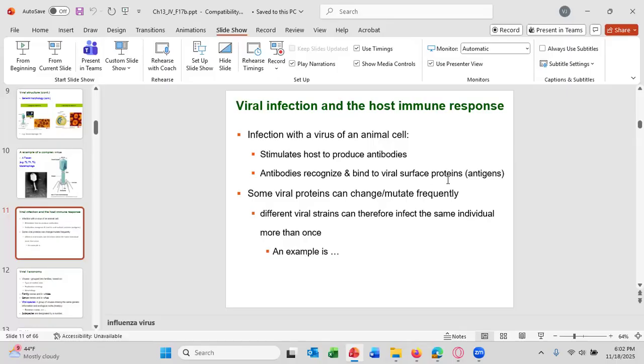The same thing can happen with COVID-19, and that's why the initial vaccine for COVID-19 probably no longer will prevent you from getting COVID-19, the initial vaccine.